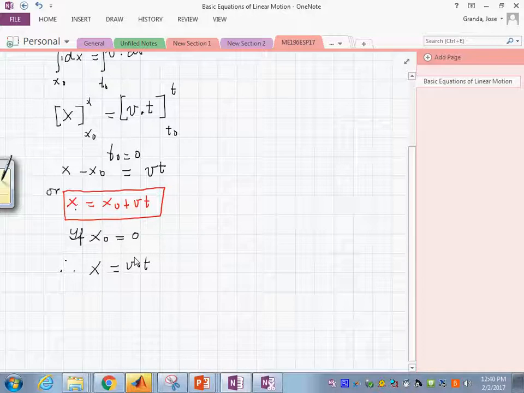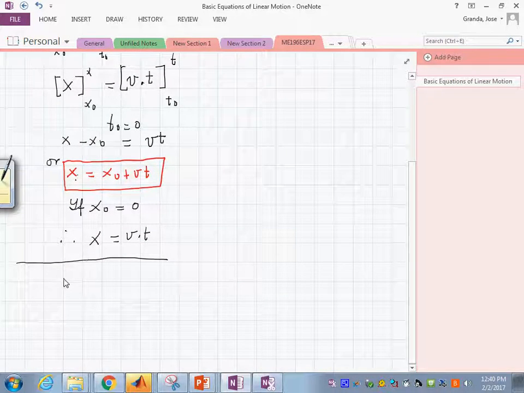That's important because in certain parts of motion, we would have only this and no acceleration. So this is one derivation of the equation. I would like you to have that.